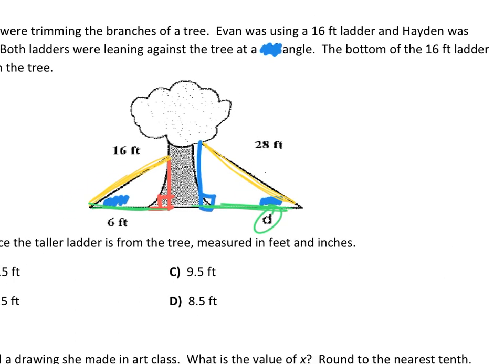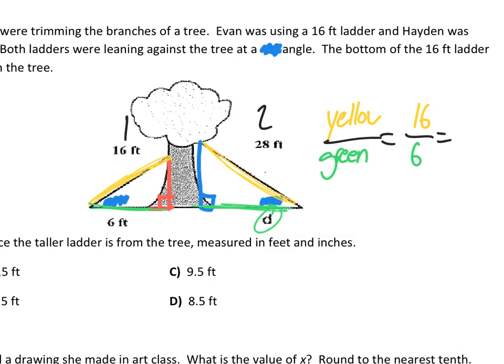So what I'm going to do, I've got figure 1 here, I've got figure 2 here. I'm going to do my comparison. I'm going to do yellow over green. All right, so on my figure 1, my yellow is 16, my green is 6.